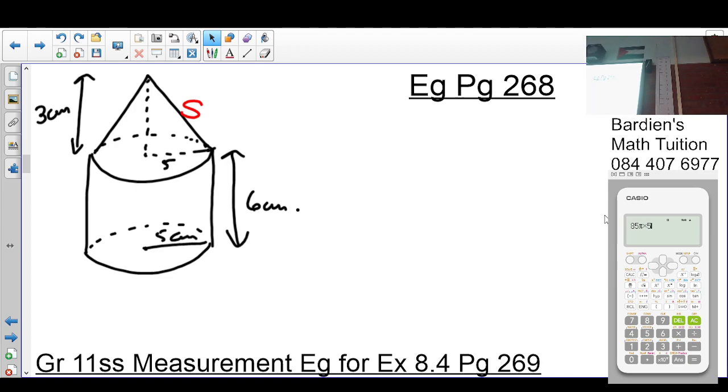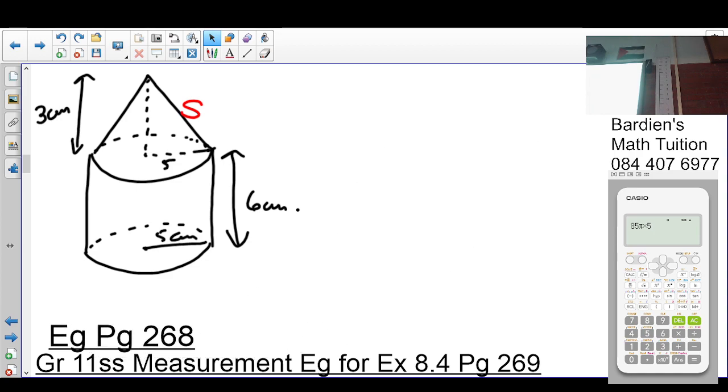So we are told here a cone with a radius of 5 is glued to the top of the cylinder, also a radius of 5. The perpendicular height of the cone is 3 and the perpendicular height of the cylinder is 16. Working with two decimal places, calculate the outer surface area of the figure.